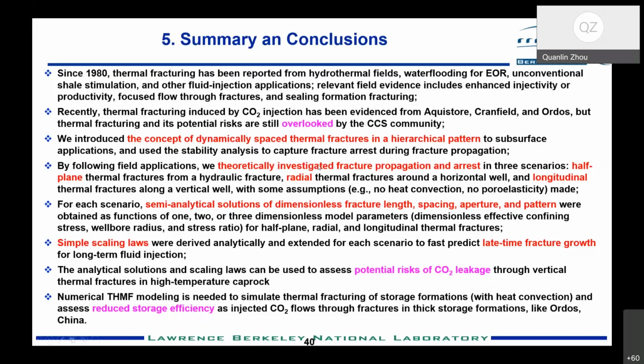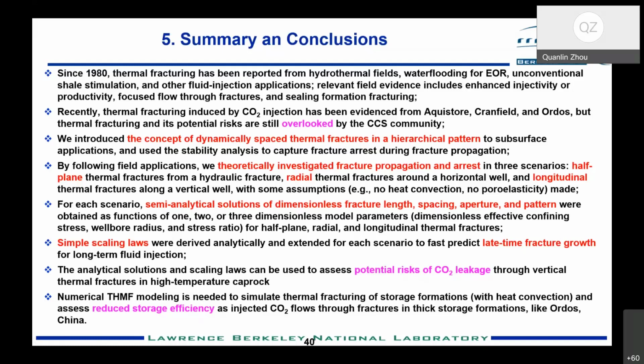So, that is the more technical part. Finally, we developed different solutions for different scenarios. We can use those solutions and the scaling law for fast predictions. Here you see the potential risks for CO2 leakage: vertical thermal fractures in high temperature caprock.